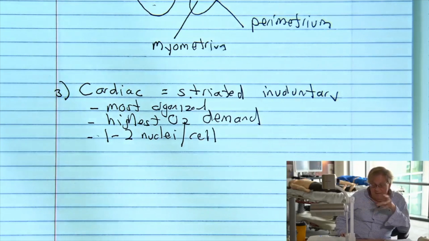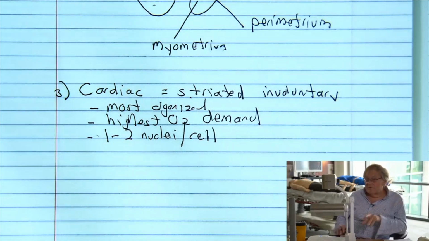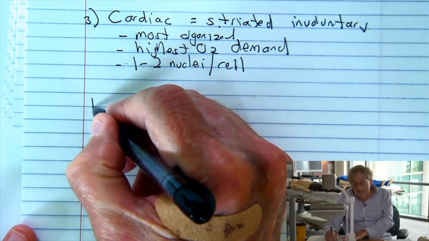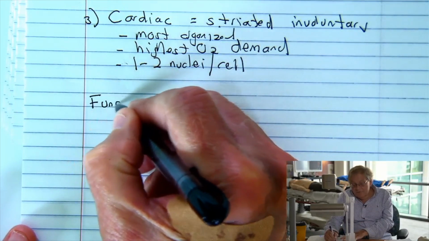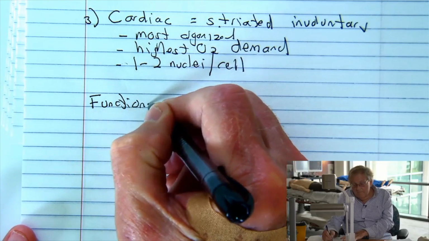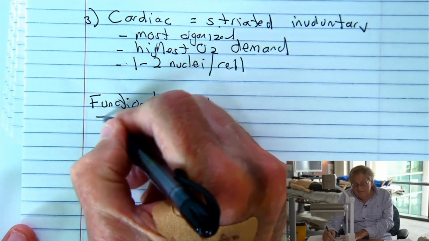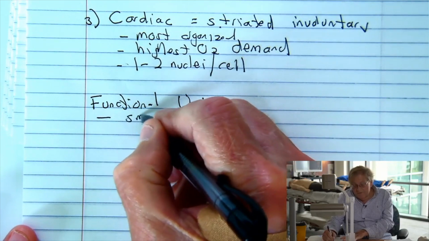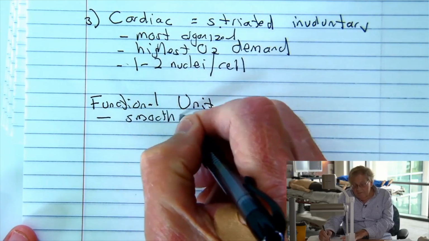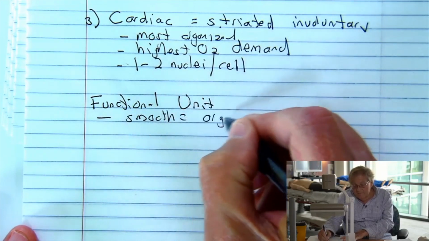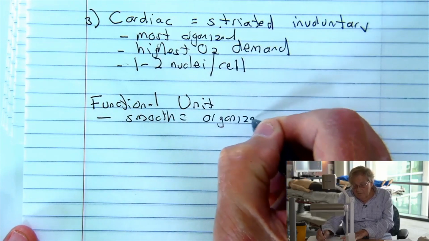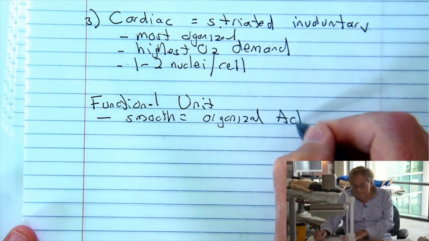So again, when I talked about functional units, remember I said that everything in the anatomy has some type of functional unit. A few minutes ago I said the functional unit of smooth muscle is organized actin and myosin.